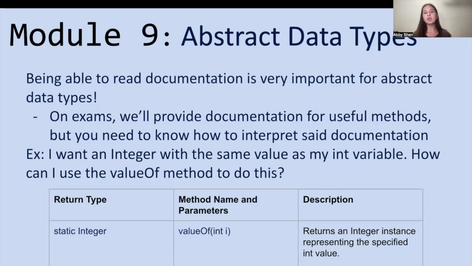In this case, we would call the valueOf method, and put the int that we're trying to convert to an integer in as the parameter. And then we would get back the integer that has the same value as our int.